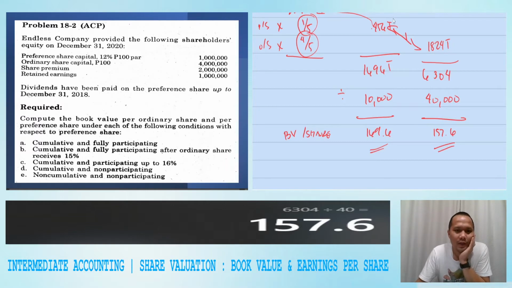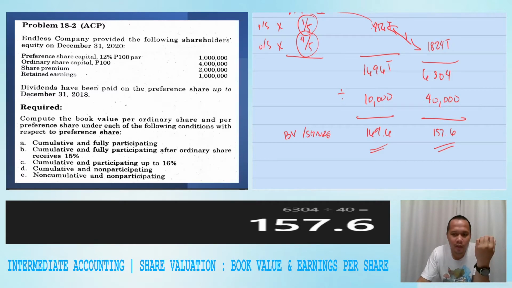Okay? Now, second situation. What if it is cumulative and fully participating after ordinary share receives 12-15%? So now, the privilege of the ordinary share, as specifically stated, is not up to the preference rate of 12%. But the privilege rate is 15%. That is what it says.